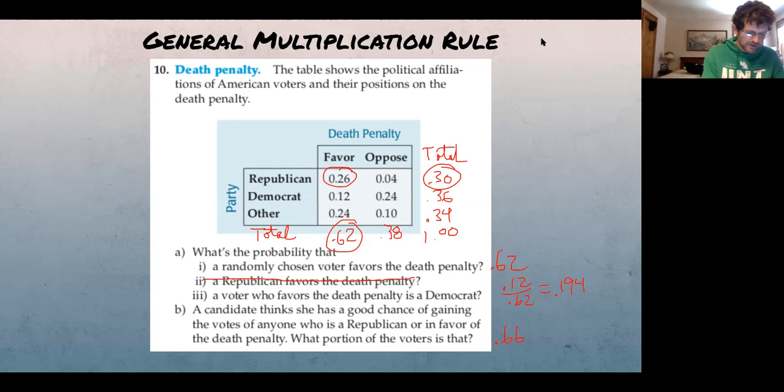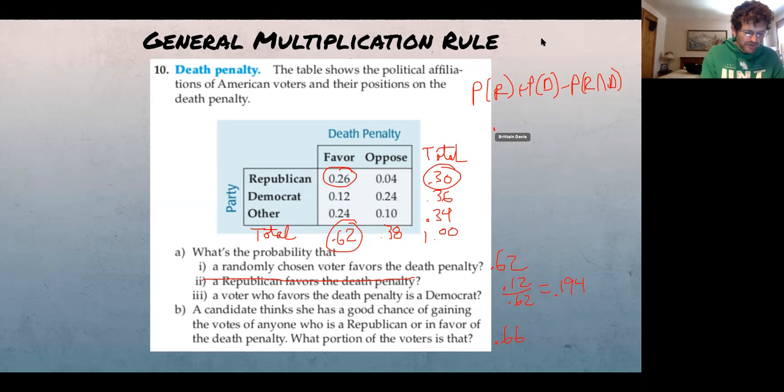Those three numbers right there. It's going to be probability of Republican plus a probability of death penalty, that means yes in favor of, minus the probability of both. Republican, the D makes it look like Democrat, so I should have maybe picked something different. And death penalty. Anyways, yeah, you can go through it.